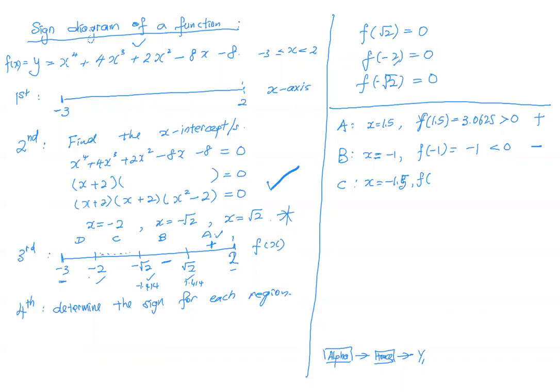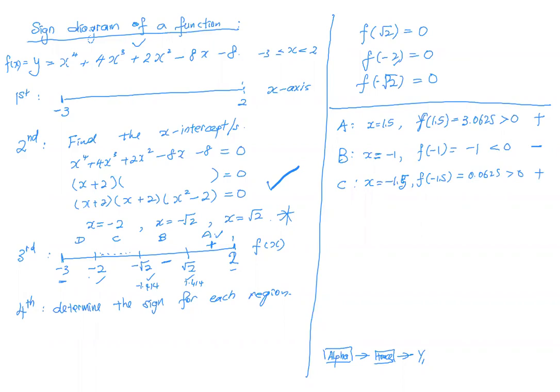Okay, so I put negative 1.5. So I got positive, am I right? (0.0625), so greater than 0, so positive.